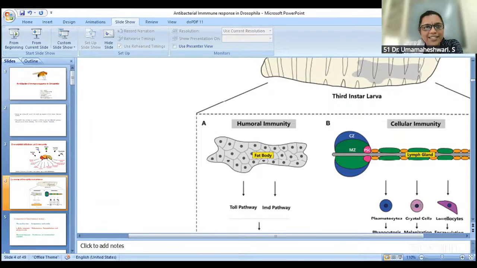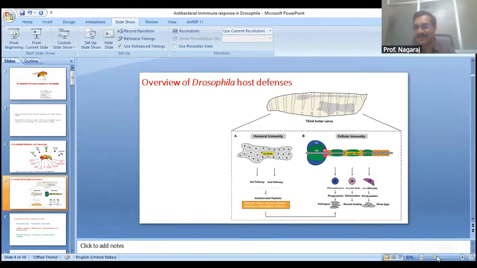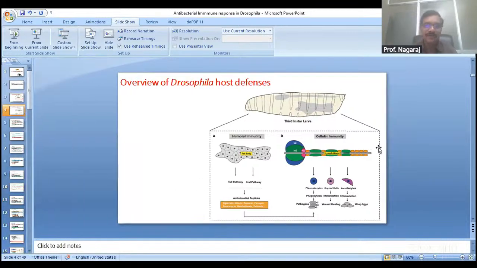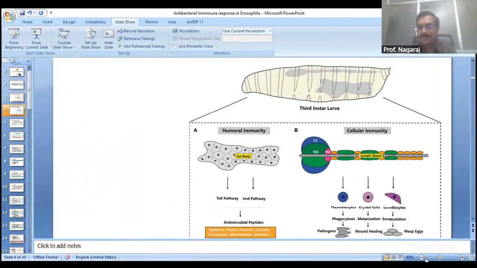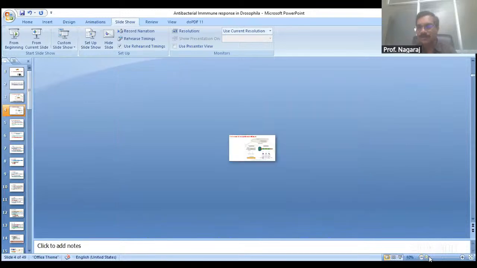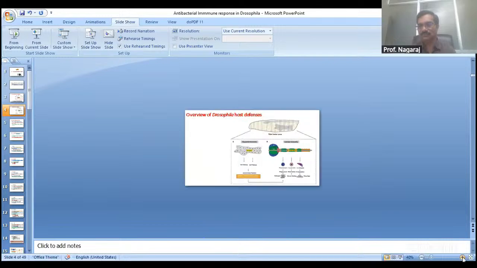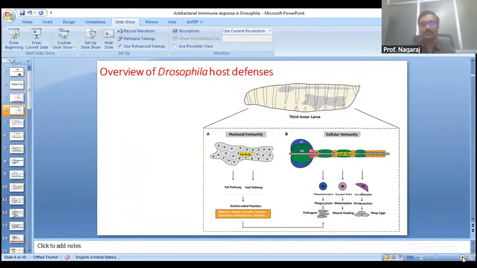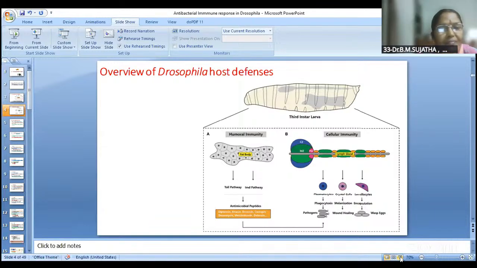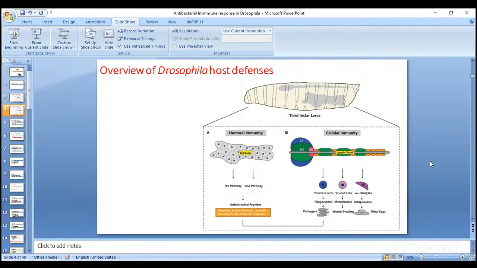Other contents will not be seen, sir, if you zoom it out. Yeah. Okay. I will put it less. The screen itself I will maximize. Okay. Is it okay now? It's okay, sir. Okay.